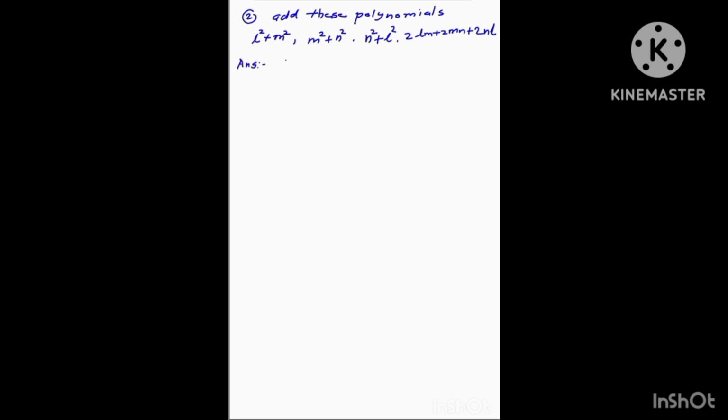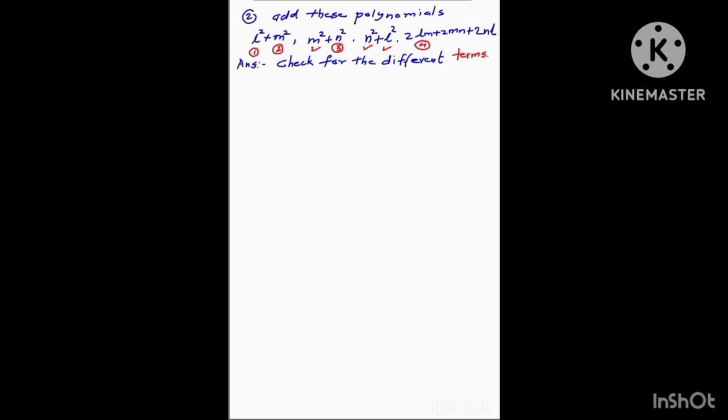Answer. The first thing is you have to find the number of different terms that are present in all these polynomials. See, these are different terms. Okay, we will just count them. This is 1, this is 2, m square is already here, this is 3, n square we have counted, this is also counted.